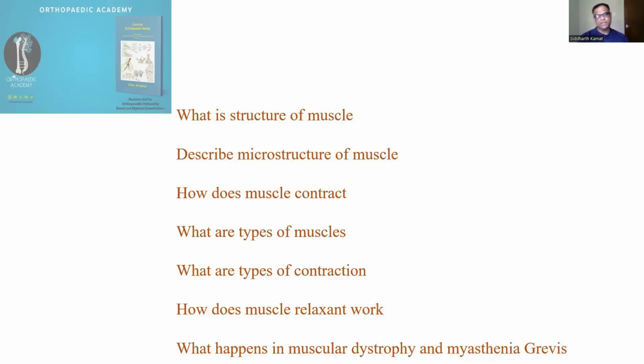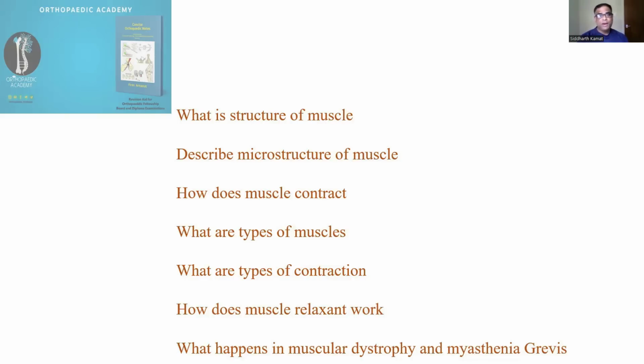Few applied questions about muscle. What are the various drugs which can work on muscles? There is botulinum toxin, a poison which prevents presynaptic release of acetylcholine and hence does not allow the muscle to contract. There are muscle relaxants often used by anesthetic colleagues.